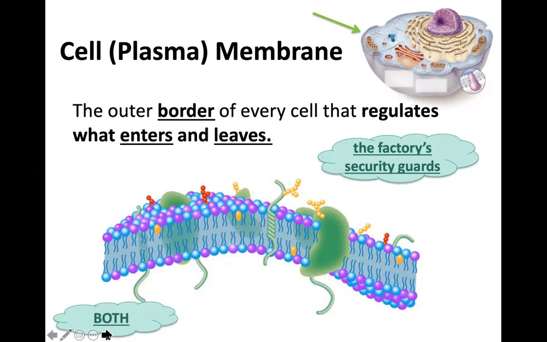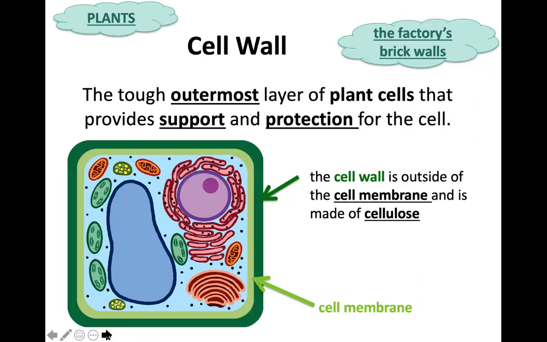So cell membrane, we said we find it in what kind of cells? In all cells. So for this case, since we're just talking specifically eukaryotes, it would be found in both plants and animals.